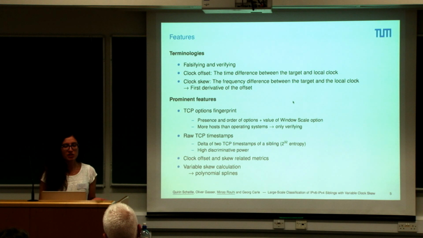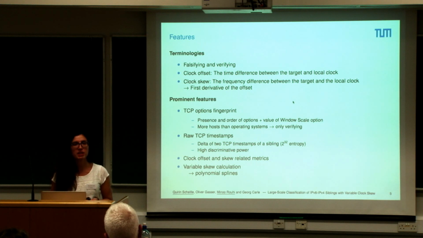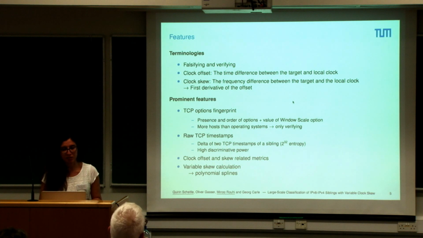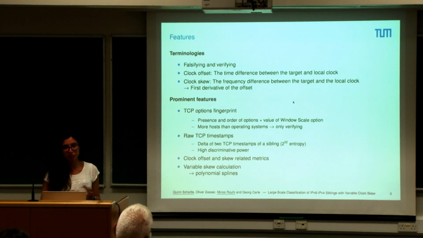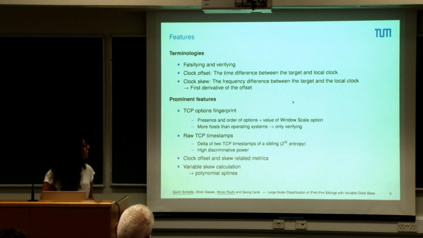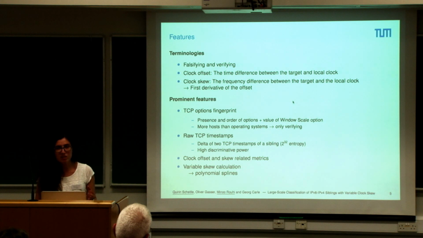A feature in general can be falsifying, meaning that it can eliminate a non-sibling relationship, or verifying, meaning that it can discern a sibling with a certain level of certainty or confidence. Then there are two related terminologies based on clock skew inference.